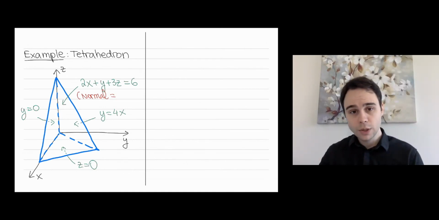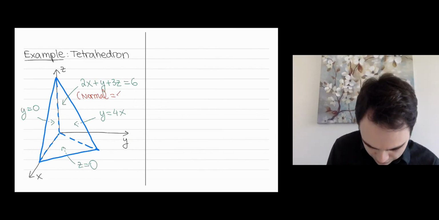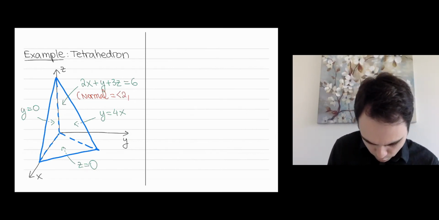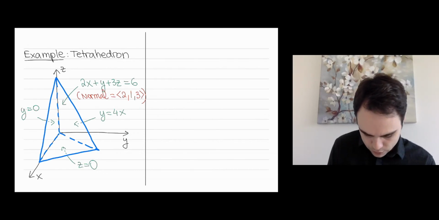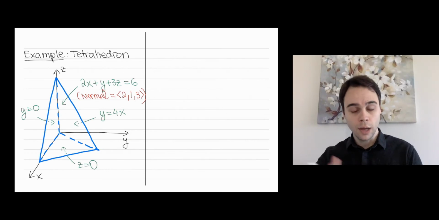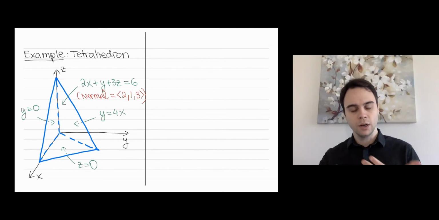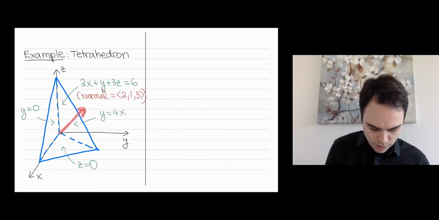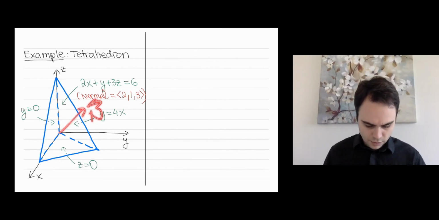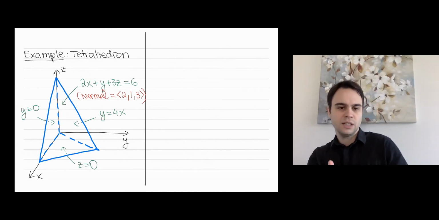If I give you an equation for a plane, you can always get the normal vector immediately, and it's just given by the coefficients. So you get 2 times x plus 1 times y plus 3 times z. In this case, the normal vector has coefficients 2, 1, and 3. These are all positive numbers, so you know that the normal vector lives in the first quadrant, and so the plane is facing towards us.